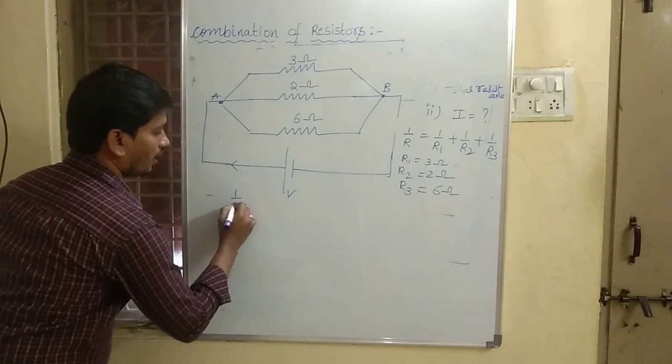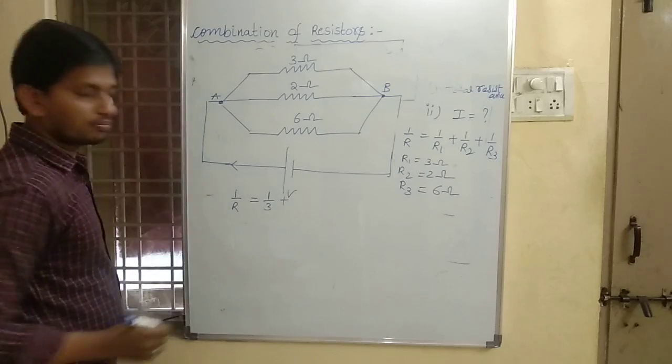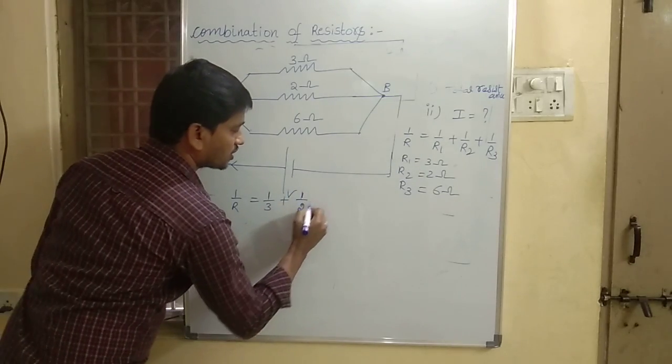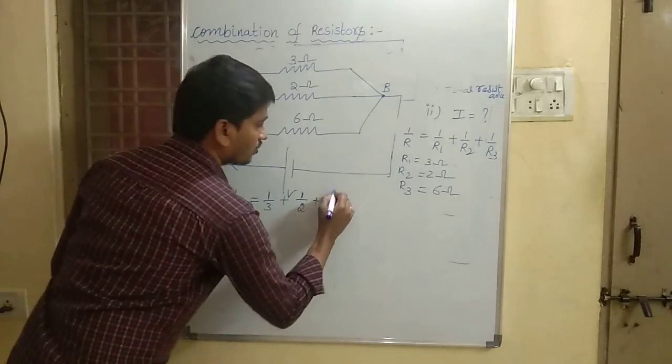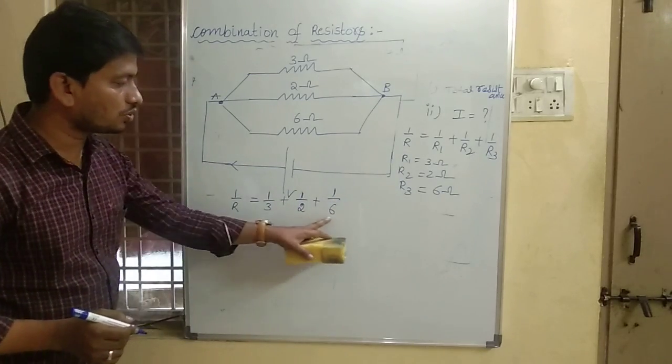Therefore, 1 by R equal to 1 by 3 plus 1 by 2 plus 1 by 6. So what is the LCM of 3, 2, 6?